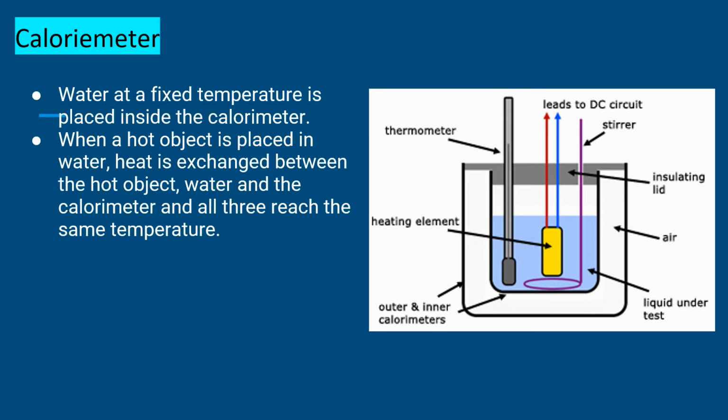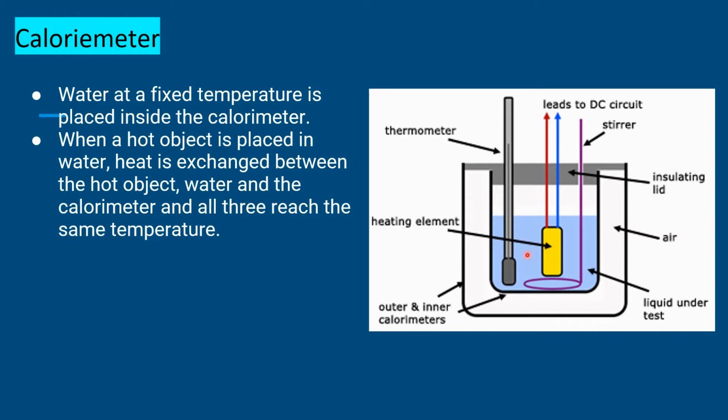So when you put a hot object, just like this heating element, inside water, heat is exchanged between the hot object and water, and also water and the calorimeter. And you know that heat flows from hot to cold.